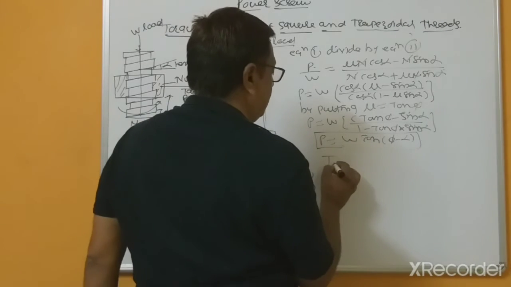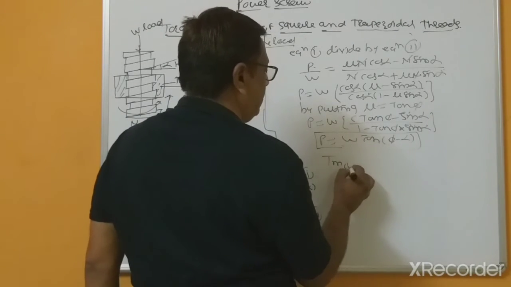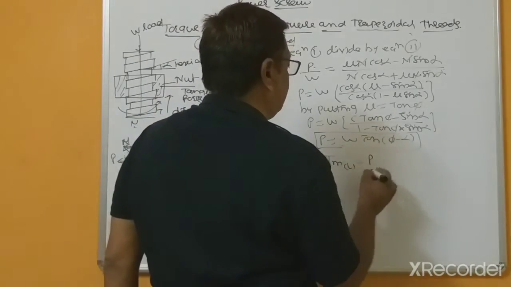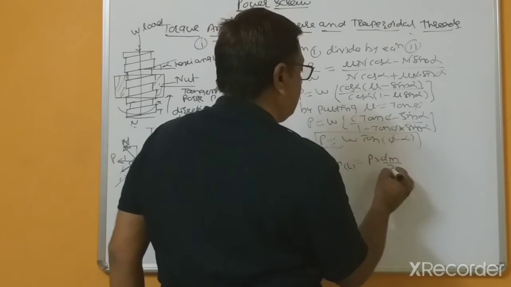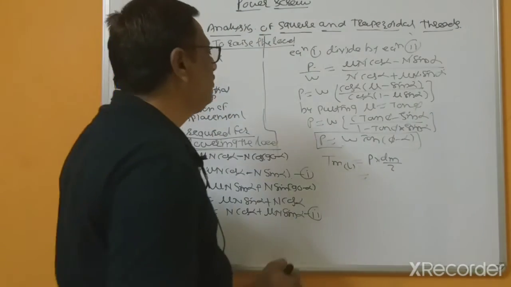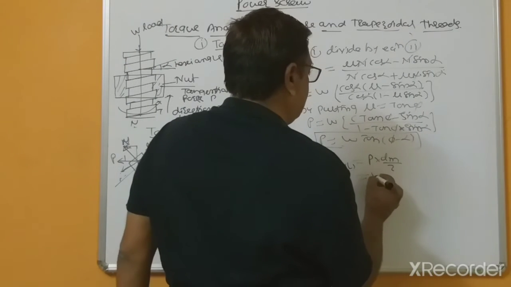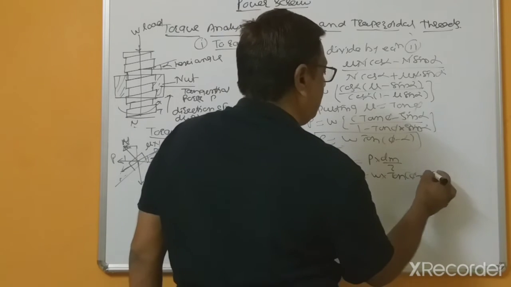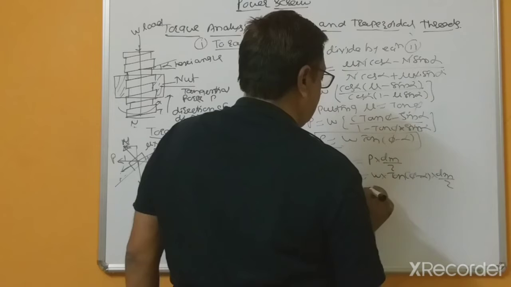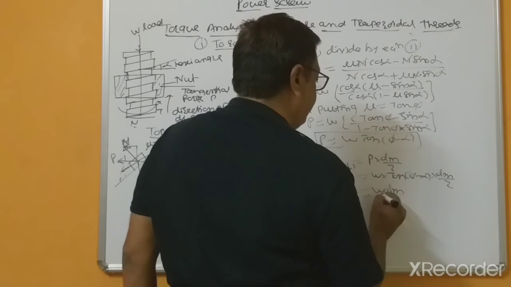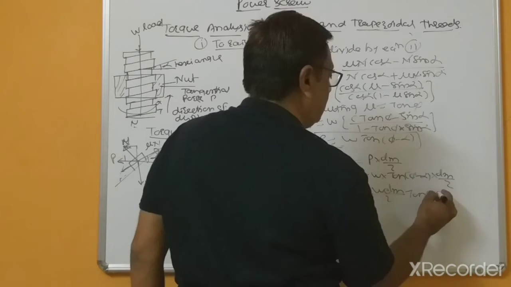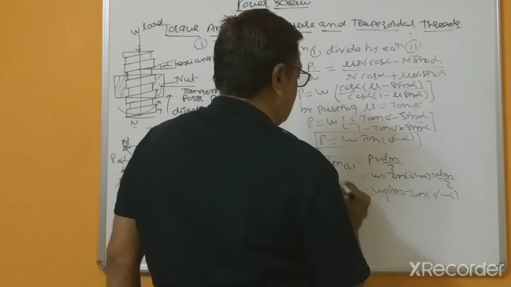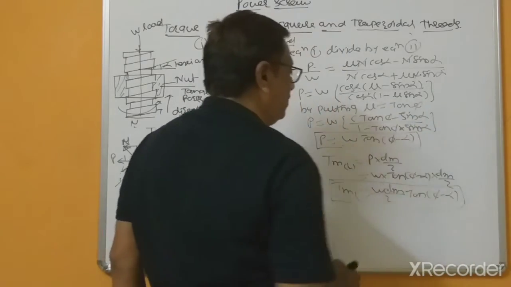And torque for lowering the load, whereas raising is P into dm divided by 2. Definitely this force is less, because during lowering, torque equal to W dm divided by 2 tan (phi minus alpha). This is the torque required for lowering the loads.